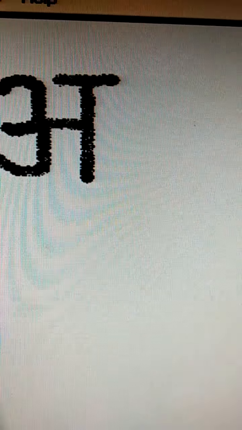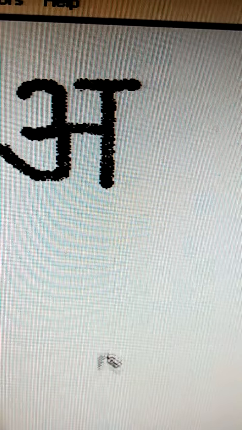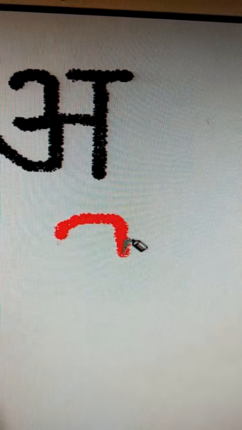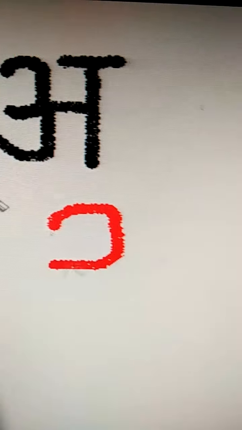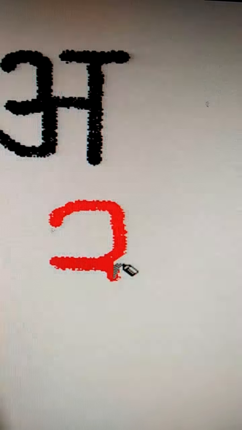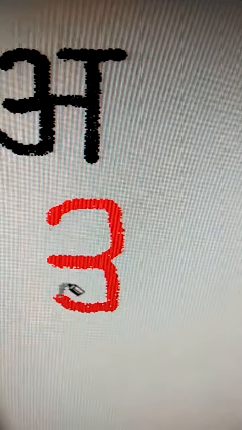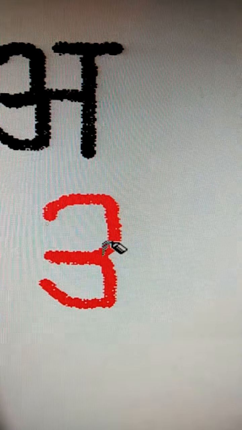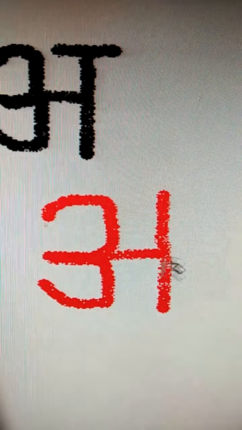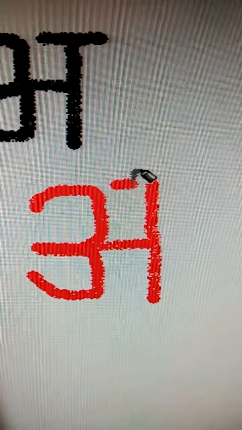I am taking this color. You can draw this like a half circle. After that you draw again a half circle, and again this, and after that you can draw this. After that draw this. This is A.